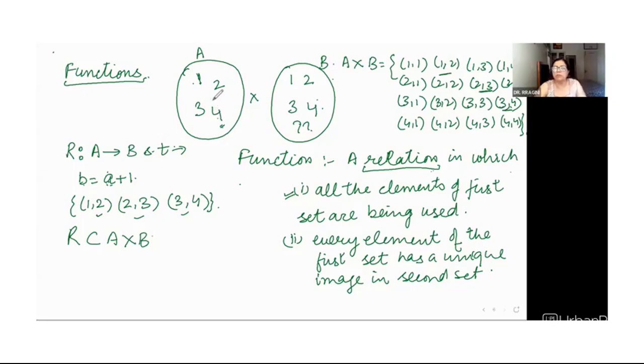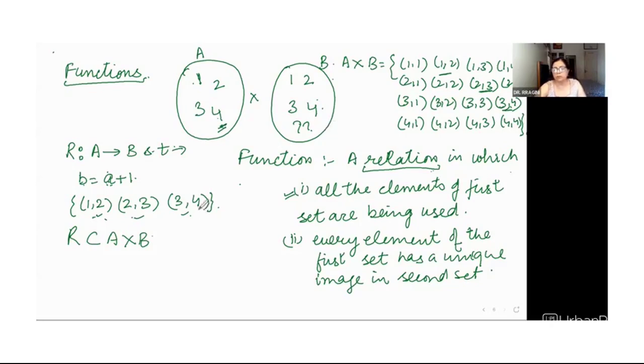That means you should have 4 ordered pairs where all these 4 elements are being used. Do we have that here? See, (1, 2), (2, 3), (3, 4). 4 is not getting used here. Now you can say 4 is here, but since we do not have the image of 4 in the second set, we cannot use 4 here.